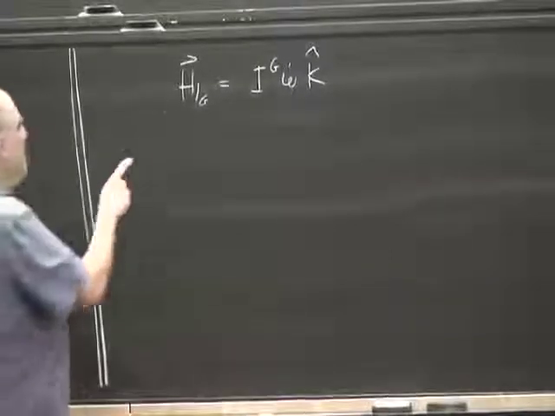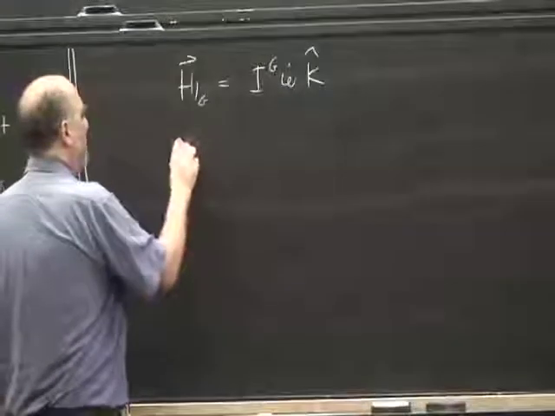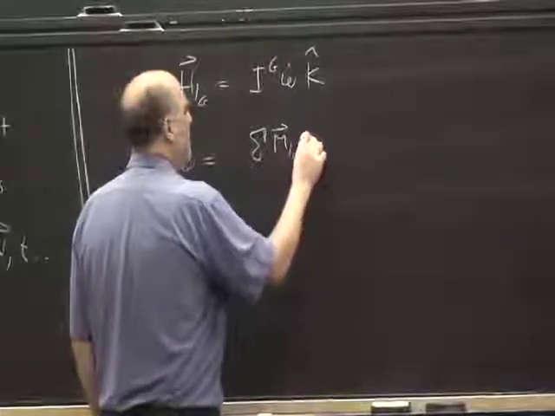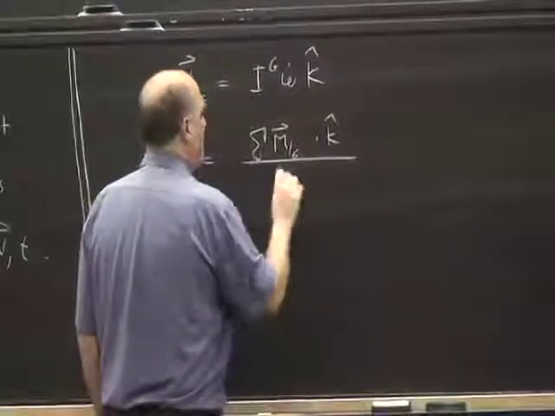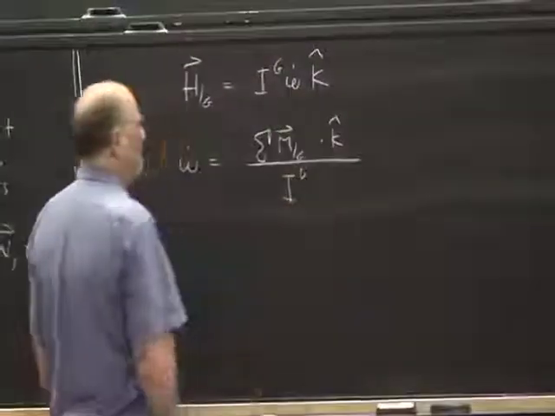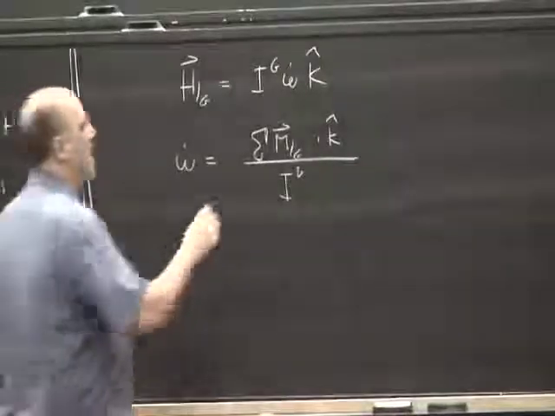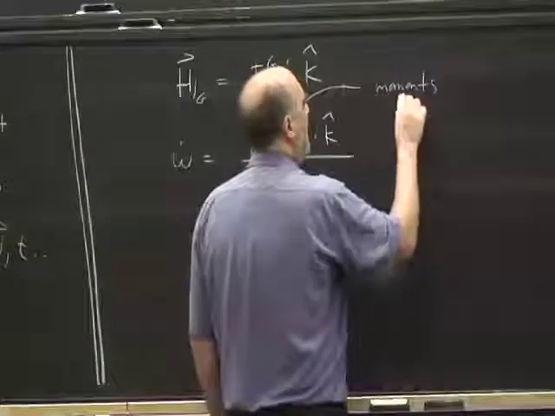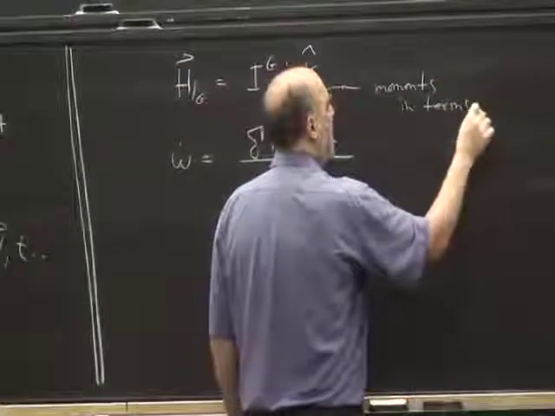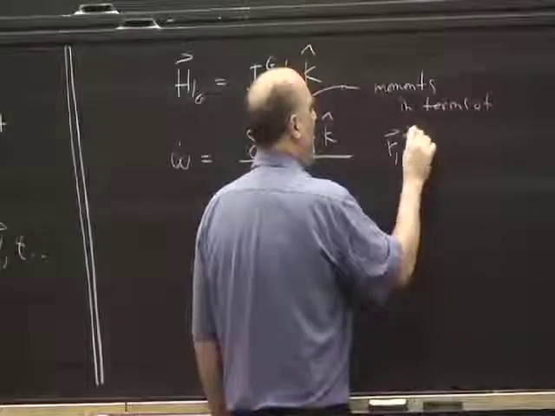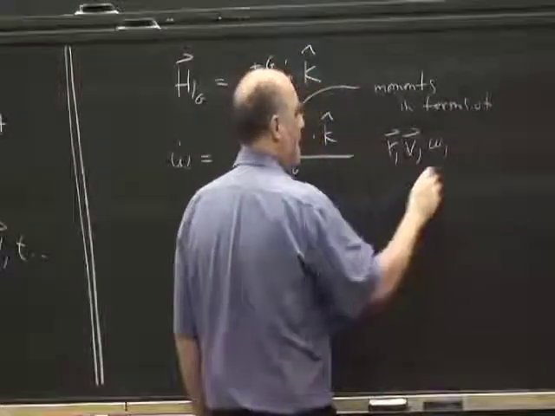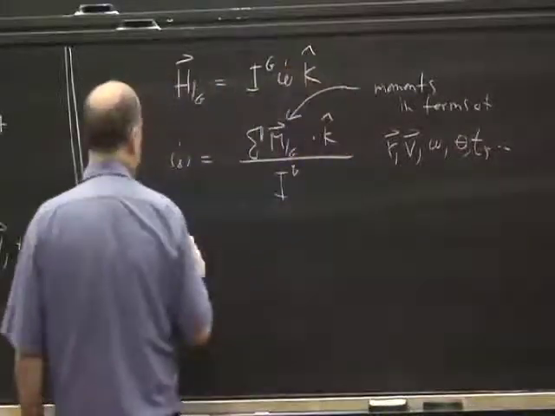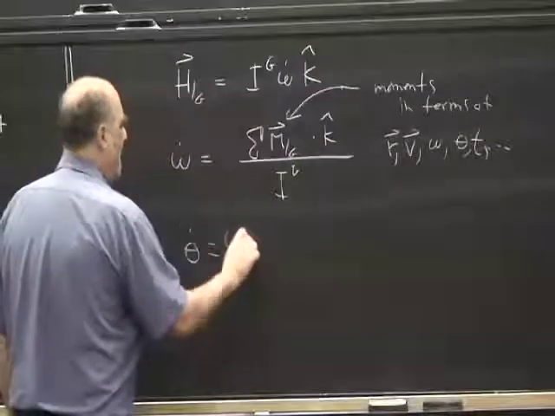So we can turn this into omega dot is equal to the sum of moments relative to G dotted with k divided by the moment of inertia with respect to G. And we'd like to know these moments in terms of the position, velocity, angular velocity, the angle, time, etc. And then we also can write theta dot is equal to omega.